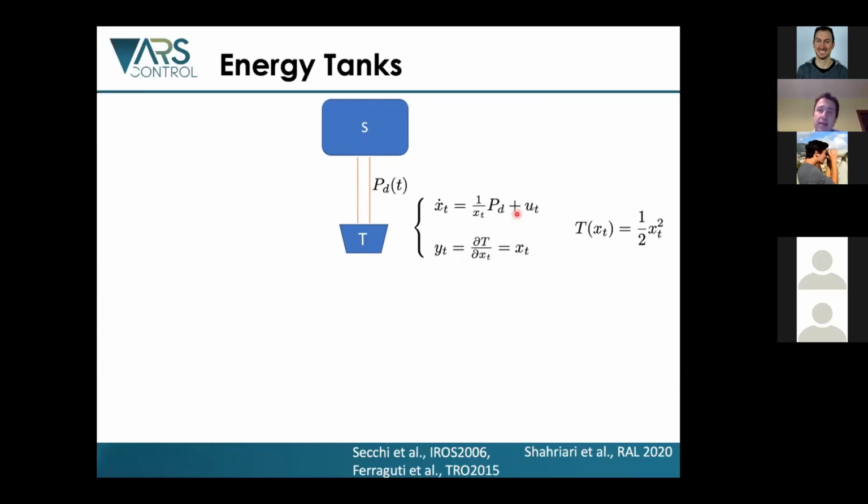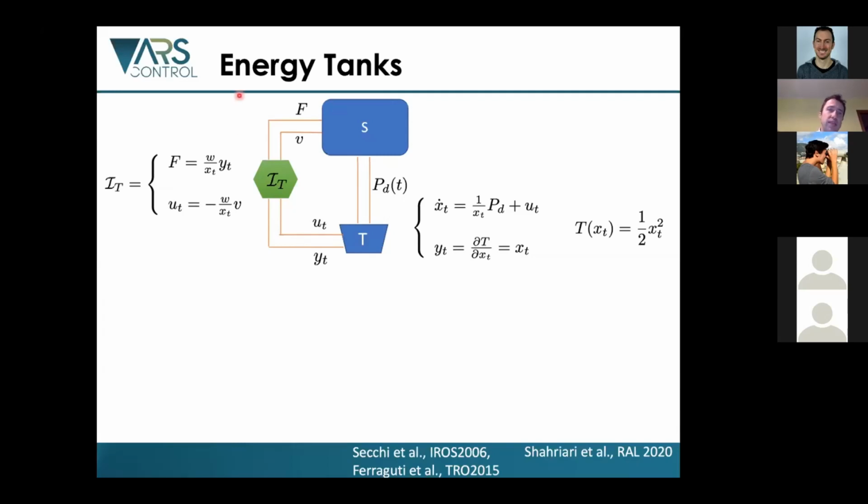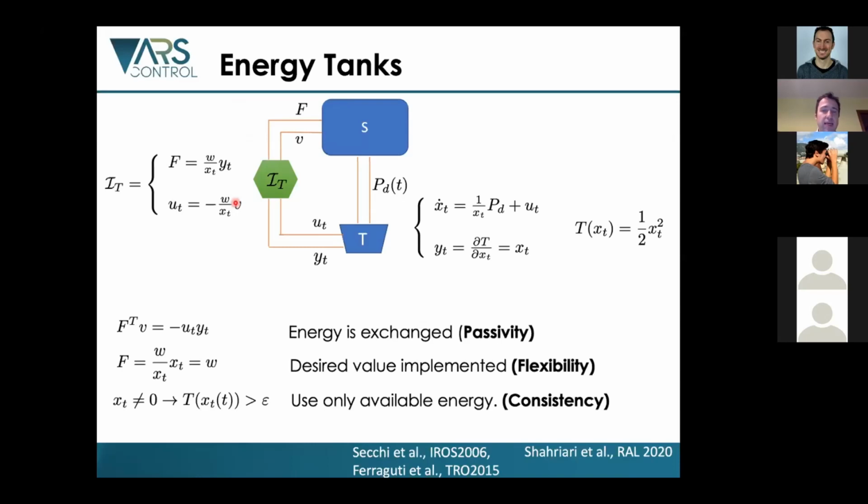The dissipated power is stored in the tank, and it is possible to reuse the energy that would otherwise be wasted for implementing a desired input for the system. This interconnection simply pumps energy out of the tank and puts it into the system in order to implement the desired interconnection. Notice that the interconnection is power preserving, which means that energy is exchanged between the tank and the system.